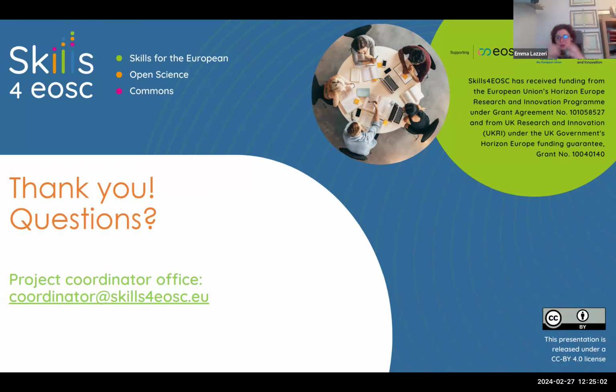We built the consortium of Skills for IOSC. Of course, not only this, but we have members that are part of, for example, OpenAIRE, National Open Access Desks, and national initiatives for supporting the IOSC. So we built on previous experience in the context of skills and training in the open science and FAIR domains.